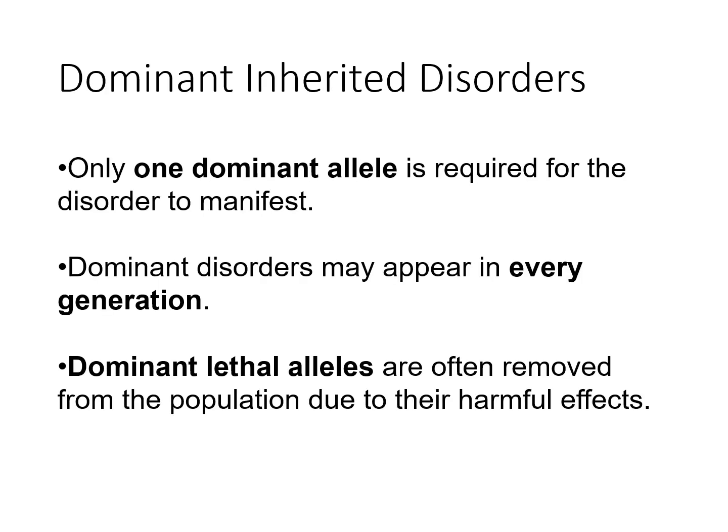Dominant inherited disorders require only one copy of the dominant allele for the condition to appear. These disorders often show up in every generation of a family, because an affected person has a 50% chance of passing the allele to each child.